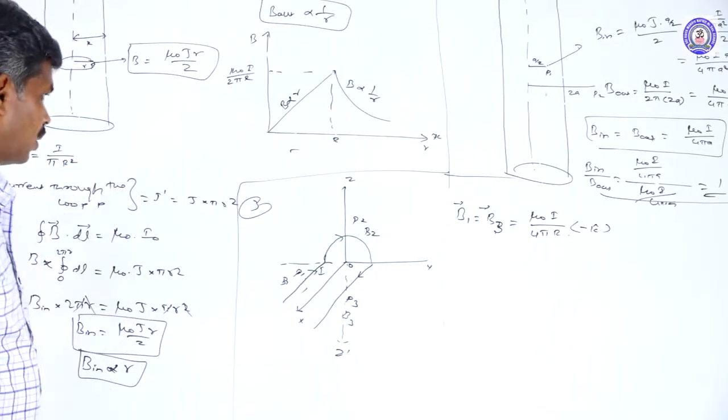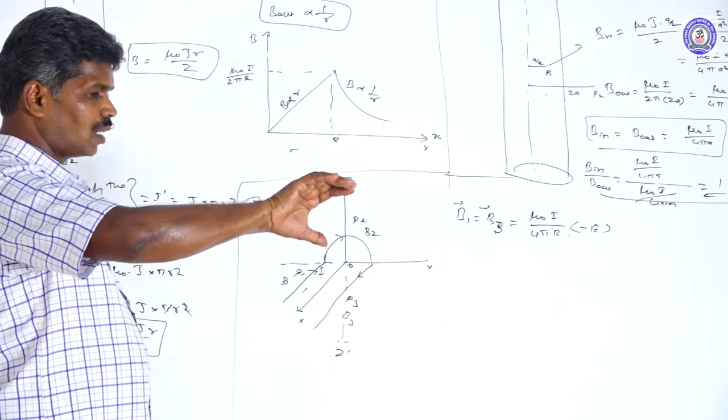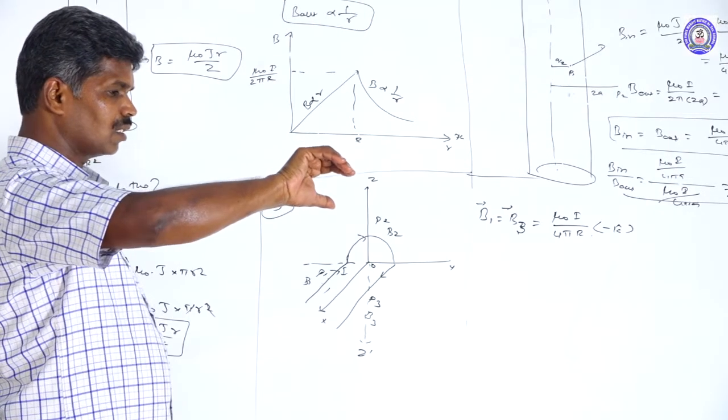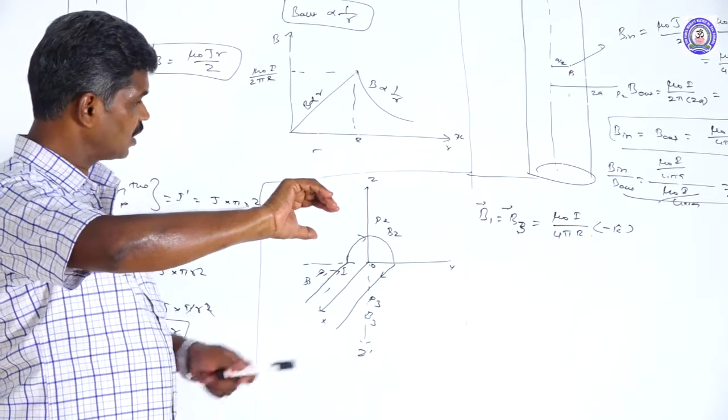For the semicircular part, the current is passing, and based on the finger folding direction of the current, the thumb shows the magnetic field direction, that is the inward direction.